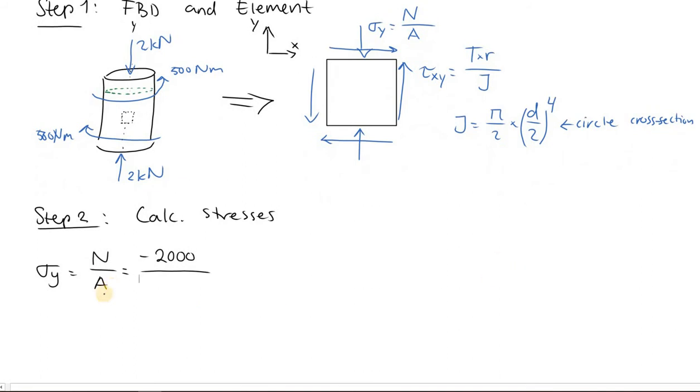And just recall quickly, 1 megapascal is the same as 1 newton per millimeter squared, right? So when I do the area for this one, I can keep it in millimeters to get my value straight away. So pi times the radius, 50 on 2, squared, and I will get negative 1.019 megapascals.